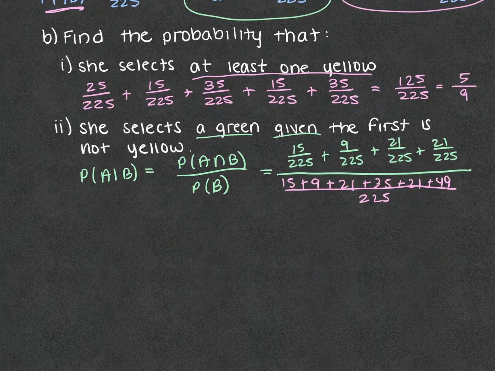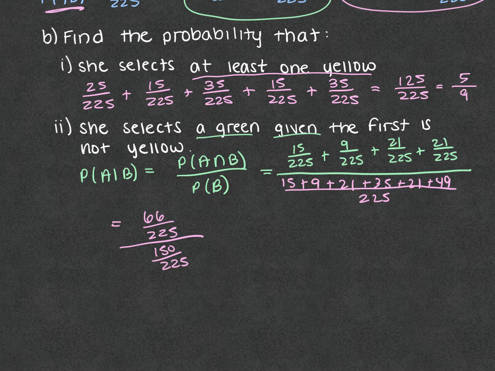All right, so let's simplify that. For our numerator, we get 66 out of 225. For our denominator, 21 plus 49 is 70, so we get 150 out of 225.